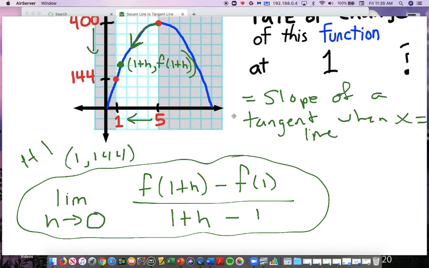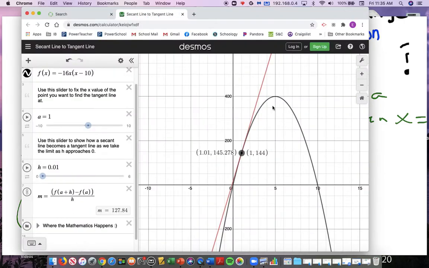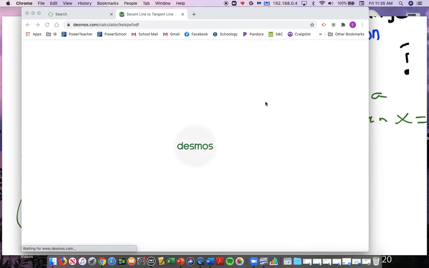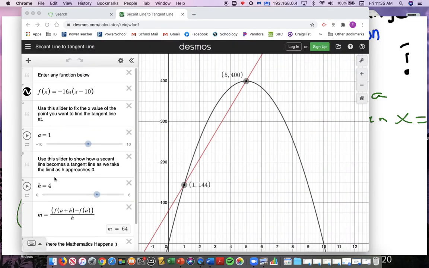I could essentially squeeze those points together, much in the same way I did here. If I go back to this and think about this idea of h, right now, h is 4 on this because I'm going from the point 1 to the point 5. But as I squeeze these points together, as I move this point, notice my h value is getting smaller and smaller and smaller.